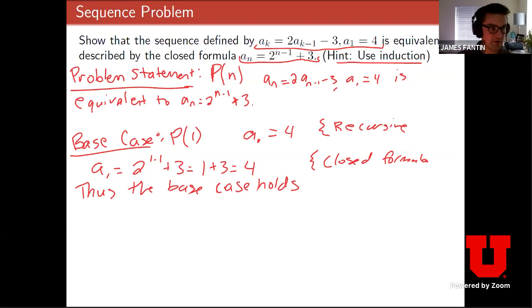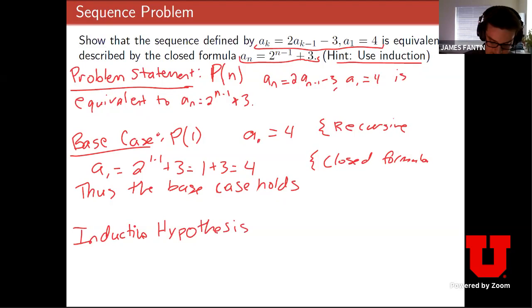The third part of any induction problem is the inductive hypothesis. Would someone say, either in chat or by raising your hand, what we could use as the inductive hypothesis for this problem?